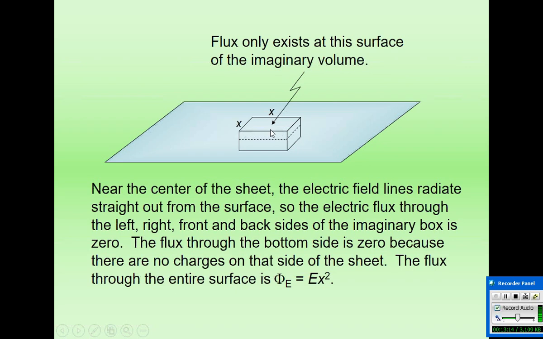Notice that the top face and the bottom face of our imaginary volume are parallel to the plane of charge themselves. And notice that the four sides of our imaginary rectangular solid are perpendicular to the sheet of charge itself.